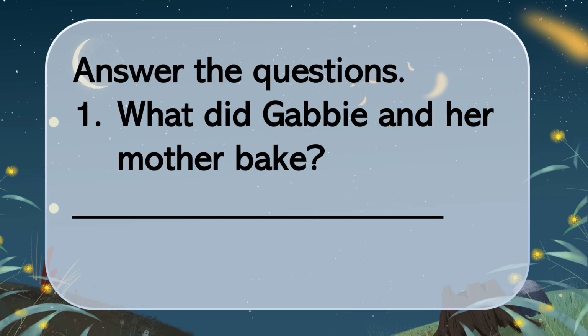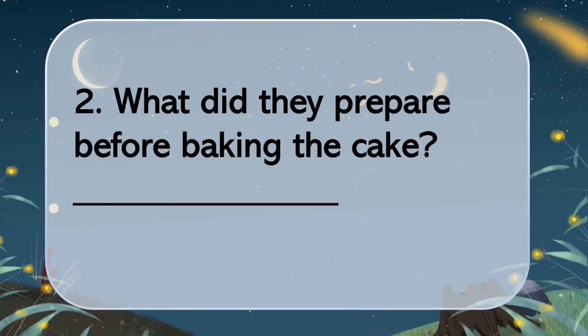Now let us answer the following questions. Number 1, what did Gabby and her mother bake? Number 2, what did they prepare before baking the cake?